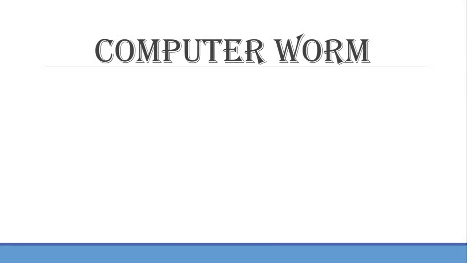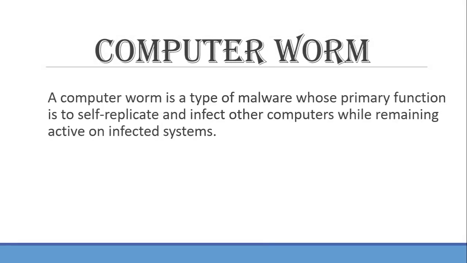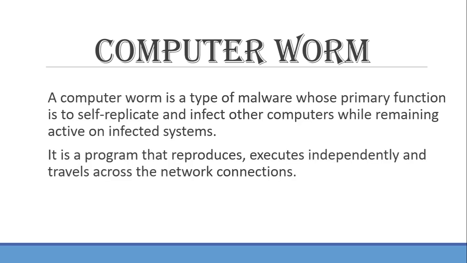First thing we have to understand is what a computer worm is. A computer worm is a type of malware whose primary function is to self-replicate and infect other computers while remaining active on infected systems. It is a program that reproduces, executes independently, and travels across network connections.